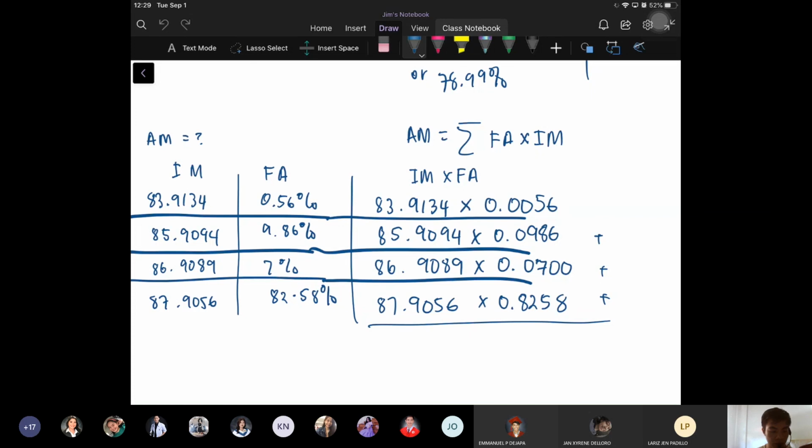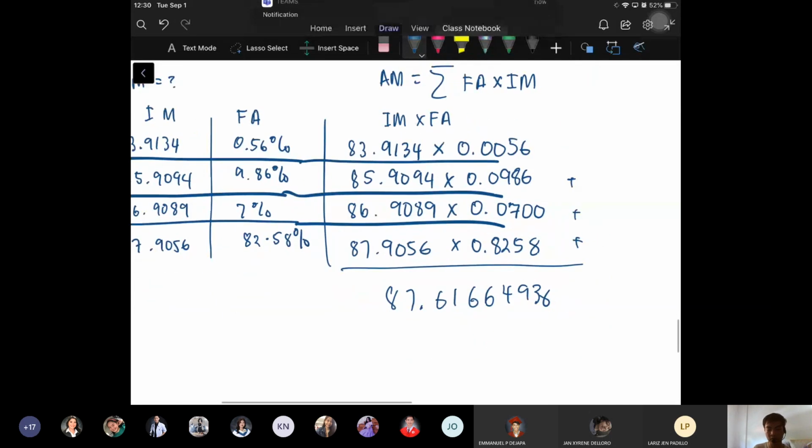Okay, so pindutin ko na lang sa CalView. Okay, so the final answer is 87.61664936.